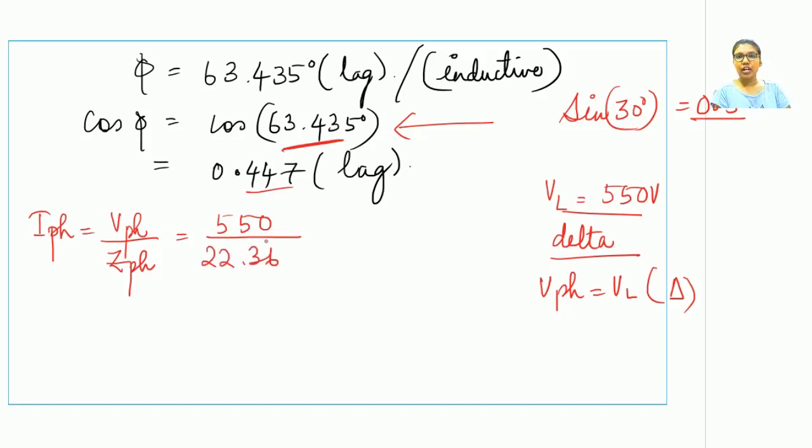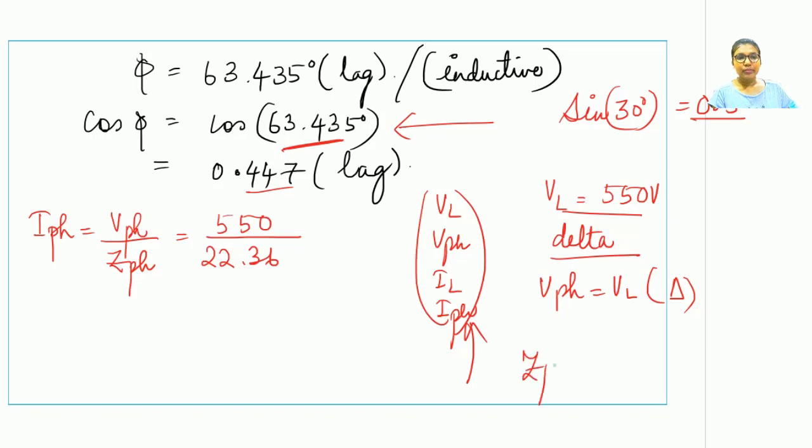Only the magnitudes are to be considered. VL, V phase, IL, I phase. For a three-phase system, do not compute these values with their angles involved. The angle should only be involved with Z phase. The reason being, VL and V phase have a phase difference of 30 degrees for a star connection, and IL and I phase have a phase difference of 30 degrees for a delta connection.